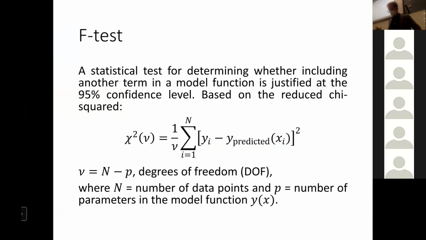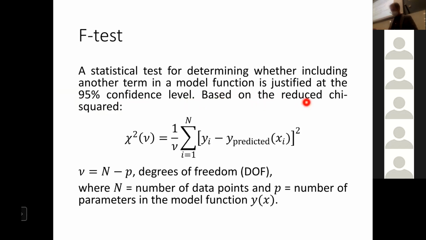Okay, I'll keep going. Okay, so the test that we're going to use for this is called an F test. This is a statistical test that can be used to determine whether adding another term in a model function is justified at the 95% confidence level. In other words, can you be 95% sure that this term is meaningful, that it's actually significant?